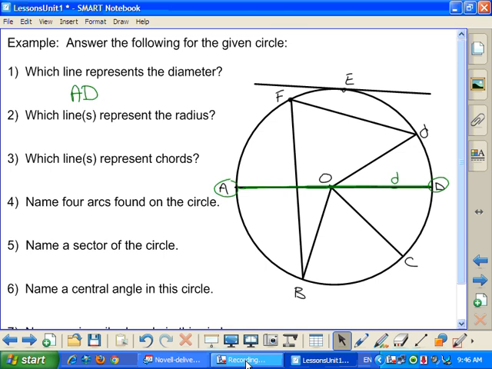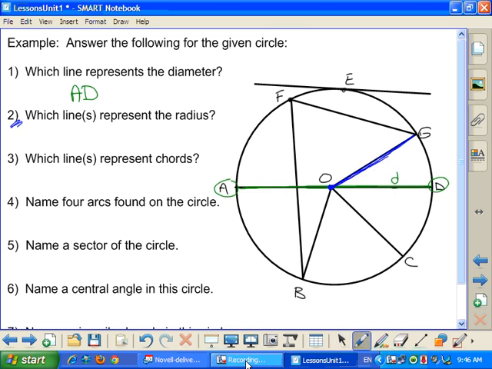So for number two here, which line or lines represent a radius? Well, I'm going to do radius in blue. So it's any line that starts in the middle and reaches to the edge of the circle. So here's one. Oops, I'm going to have to make that an E, because I'll make that a G, just because I already have a D. Wasn't watching my lettering, my mistake.